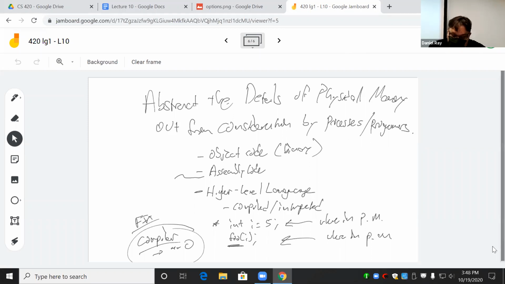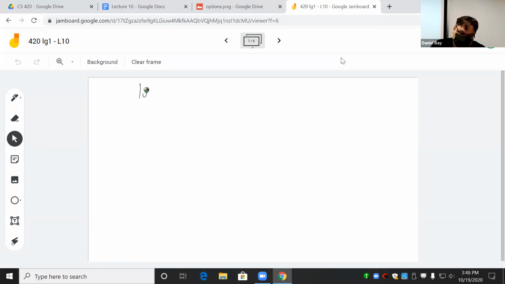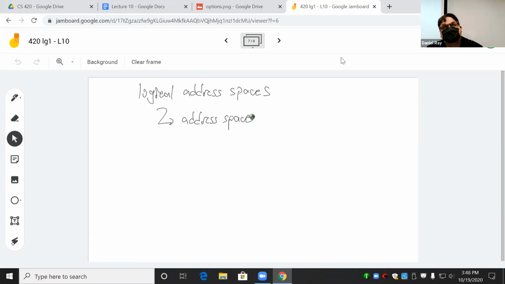Alongside of physical address space, I said there's the concept of logical address space. And this is the address space that is the abstraction internal to the process.